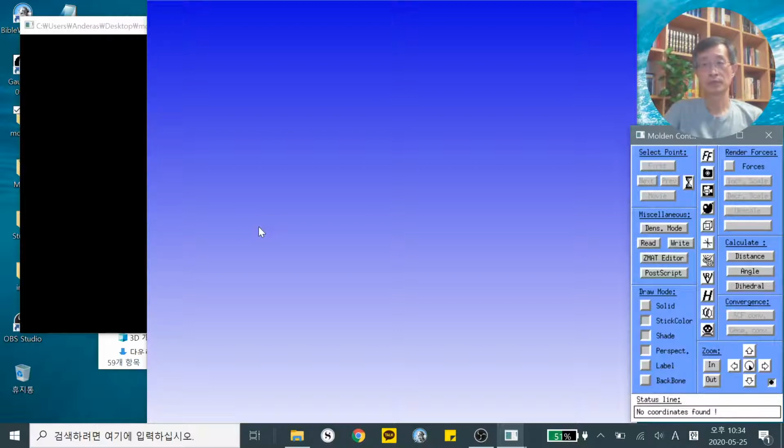But on Windows, you have to run an X server passively so that you can run Molden. But from a certain version, just like this, actually I found this only this year, I didn't know last year, the Windows version of Molden is available. This one does not require you to install an X server. There is an X server for Windows available, but sometimes you have to pay for it. Not sure if there is a free version available, but anyhow. So this one is good, although you have to tweak the Gaussian output file a little bit.